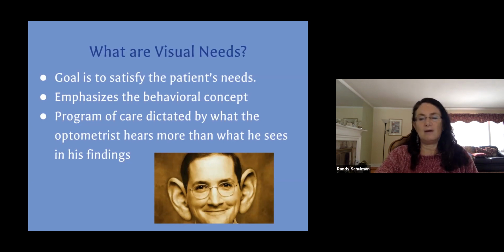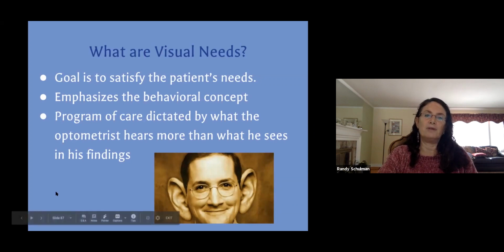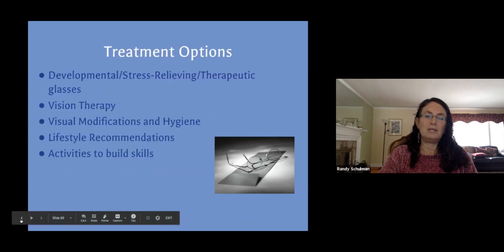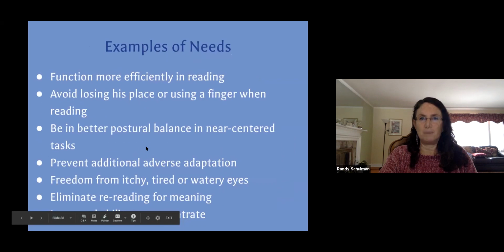So again, oftentimes they're just not able to explain what's going on, or they're not capable of recognizing the link between visual skills and learning, or visual skills and functioning in their environment. So a lot of that requires listening and then education on our part.